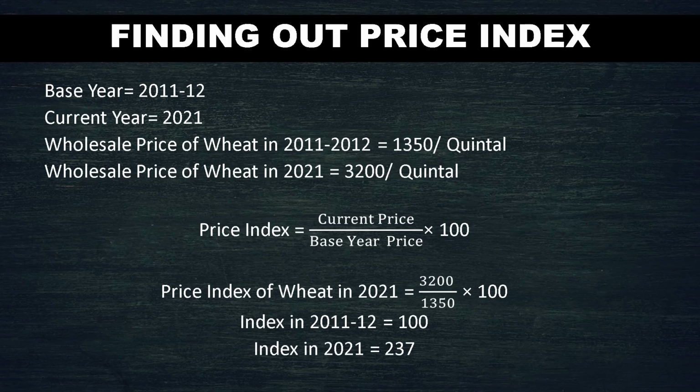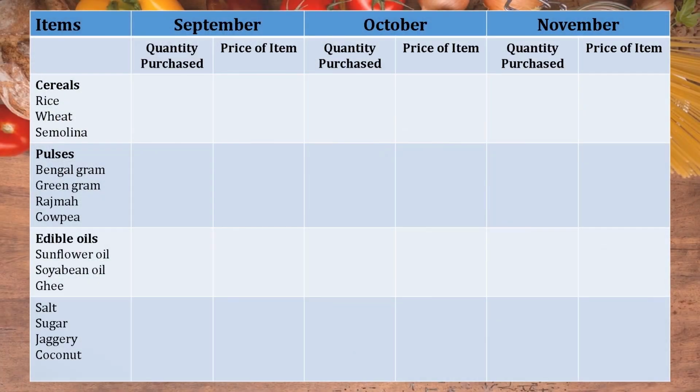You can do this calculation and find out the price index for wheat. Now what does this price index tell us? This calculation tells us that in the last 10 years, the rate of wheat has increased by 237%. Am I right?